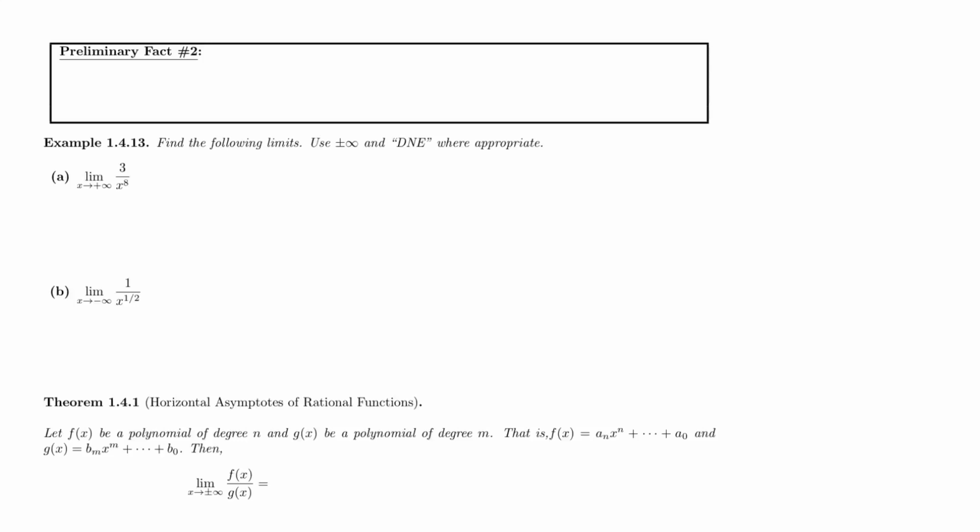So the second fact. Well, why don't we just talk about a few things here? If you plug in 1 over a really big number in your calculator, you get a really small number.